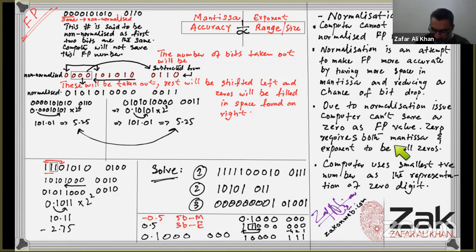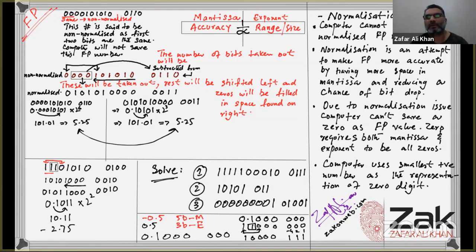0 requires both mantissa and exponent to be all zeros. So it is obvious that if we would like to save zero, we have to have the mantissa all zeros and the exponent all zeros. So it is not possible to normalize a 0 because 0 has all zeros. For normalization, we have to have at least one bit 1, so that we could normalize it.